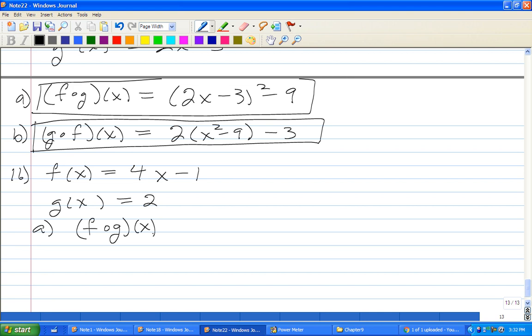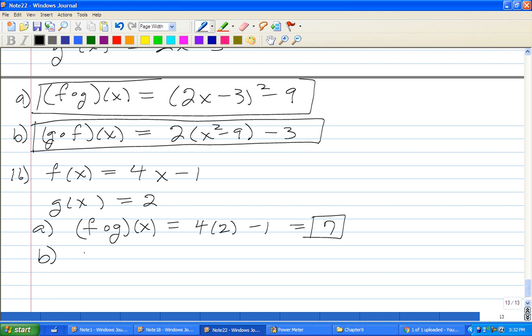So wherever I see an x in the formula for f, I replace x by the formula given by g, 2. So I replace every x by 2. Well, 4 times 2 is 8, minus 1 is 7. And so f composed with g is always equal to 7.